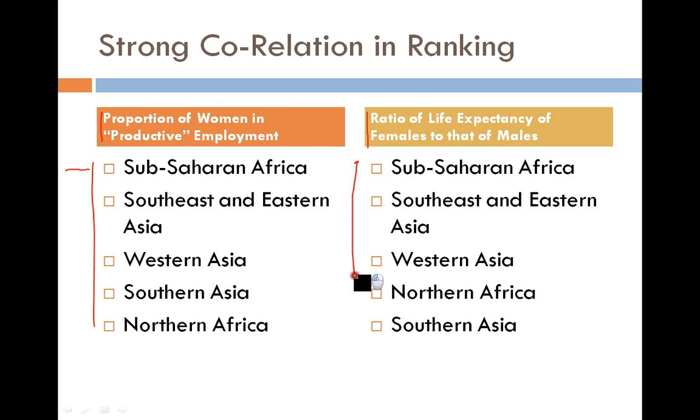Again from top to bottom here, at the top we have the largest life expectancy of females to that of males. Now as will be seen, there is a strong correlation between this, in that the top 3 communities are exactly in the same order, the last community is in reversed order.